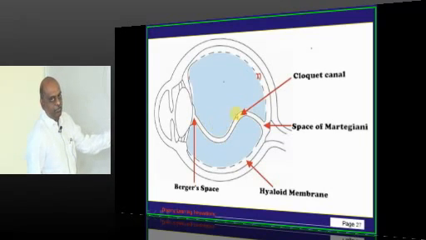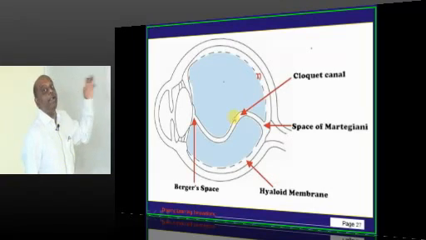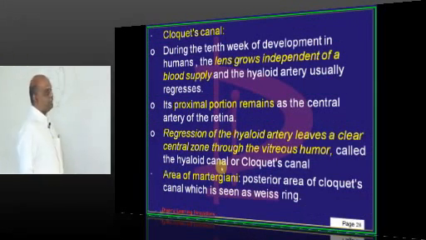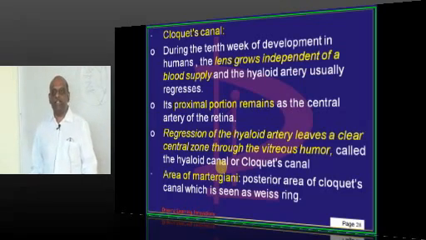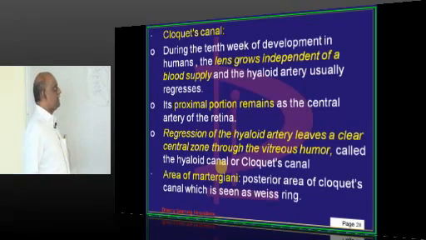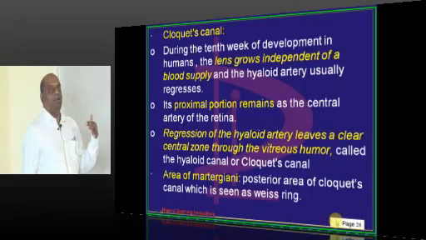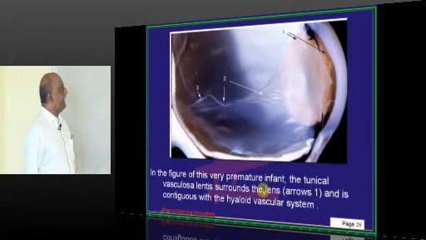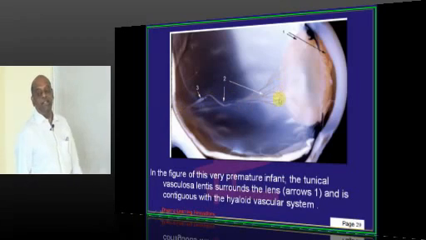It is passing through the vitreous as a persistent hyaloid artery which did not dissolve, as a vestigial remnant, is what you have to fundamentally appreciate. So, Cloquet's canal, Berger space, and Wieger's ligament. Now you have a clear idea as to what these structures are.